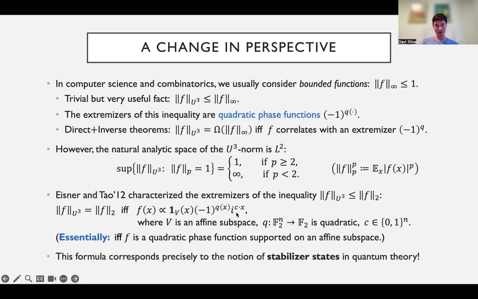But the important thing about this, why I wanted to write the precise formula, is that this formula corresponds precisely to the notion of stabilizer states in quantum theory, which seems to be a completely different area.